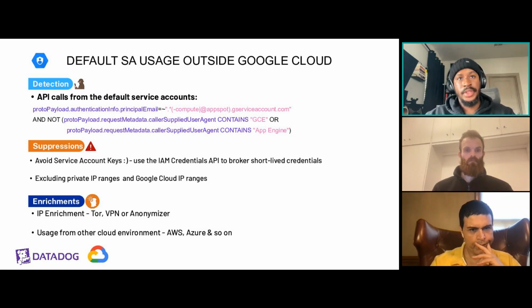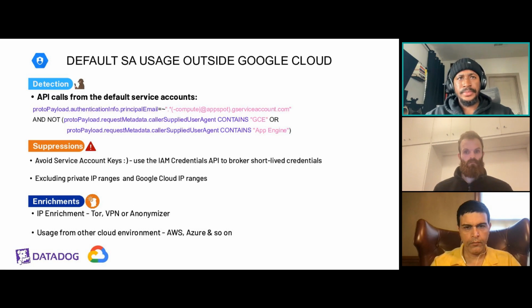You can either convert these queries into whatever detection methodology you might have, but just for ease of understanding and usability, you can plug these queries into your Google Cloud Log Explorer and look for activities that might fit into this category. But we're essentially looking for when there's an activity from the compute engine service account or the app engine service account, and when that activity is not coming from the compute engine or an app engine.